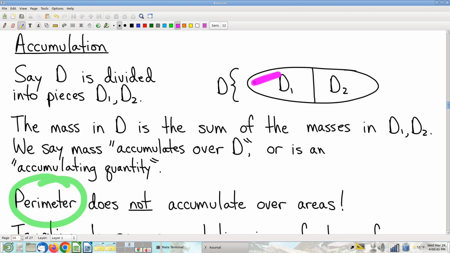We think about the whole. Here's the whole. Let me geometrically draw a picture of the perimeter. Here's the perimeter. Perimeter is that distance right there that I have in purple. Again, keep in mind, I want to think of perimeter as something I associate to the area. I know that seems weird.